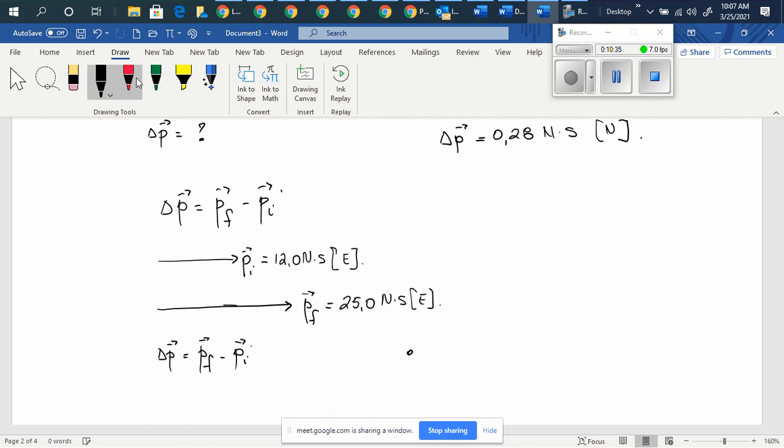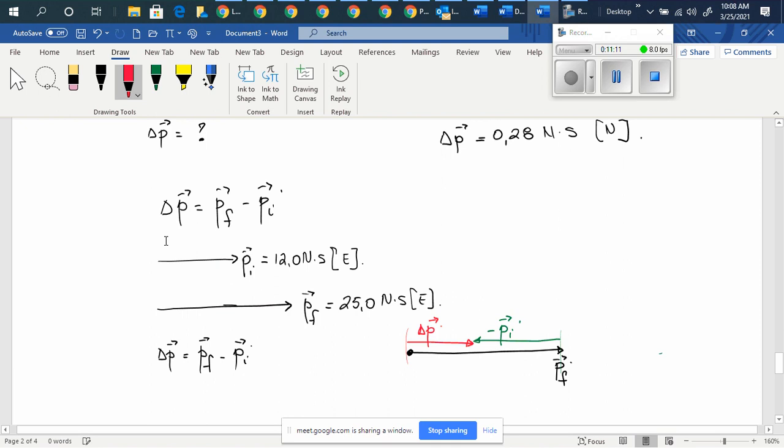We say P final is this one, at 25 newtons times seconds, and if we were adding P initial, then we would go in the east direction. Since we are adding negative P initial, we add it in the opposite direction. So the change of momentum will be this one here.